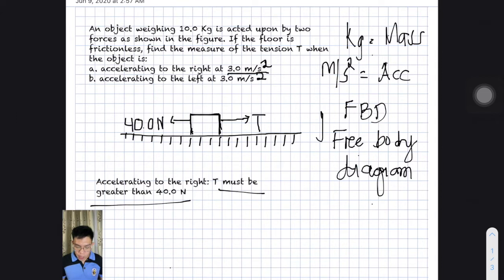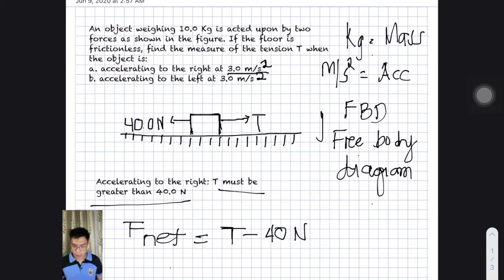Okay, so we have our first unknown: accelerating to the right at 3.0 meter per second squared. Since the object is accelerating to the right, then F net, or the total force acting on an object, is equal to T minus 40 newtons.